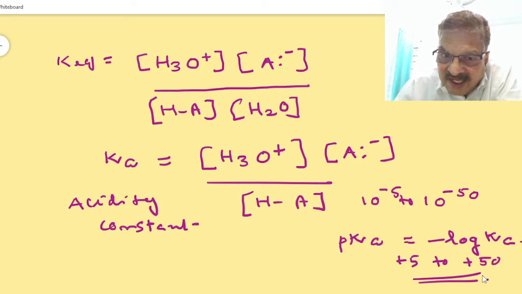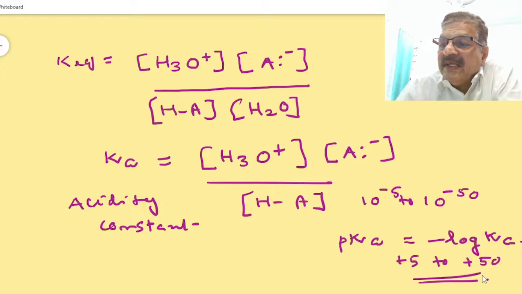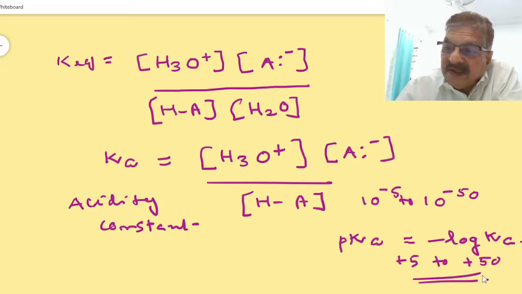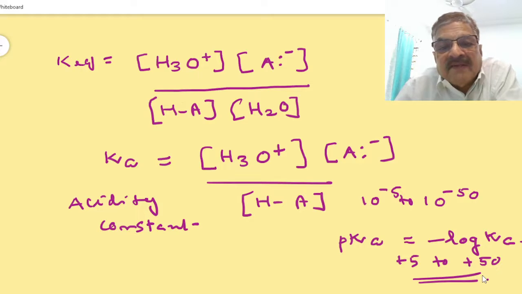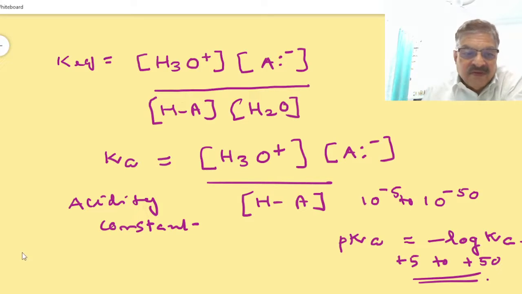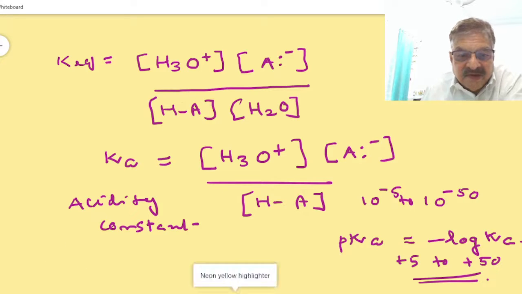There is an inverse relationship between acidity and basicity. Now, a strong acid readily donates a proton, forming a weak conjugate base. These are fundamental things now.